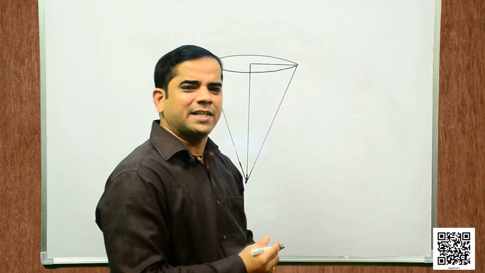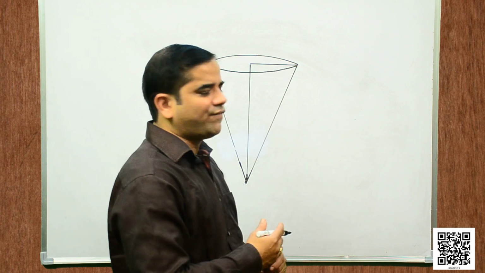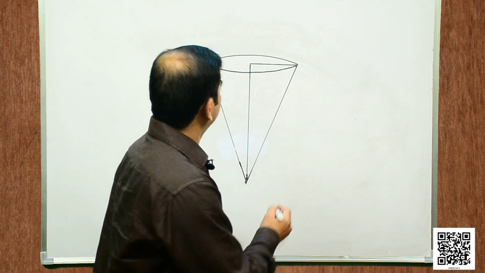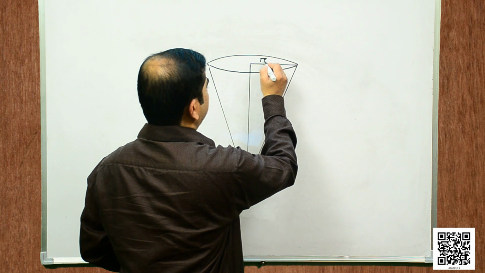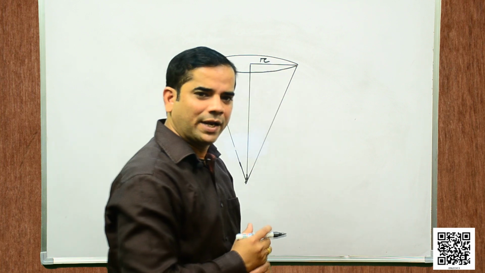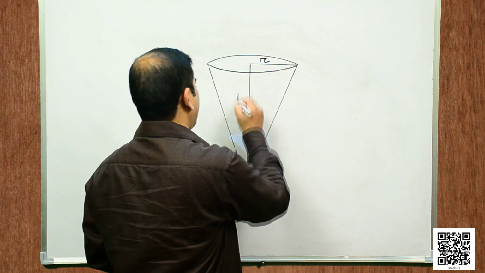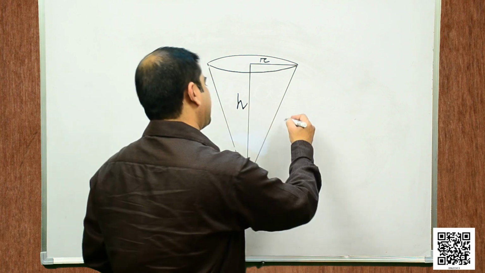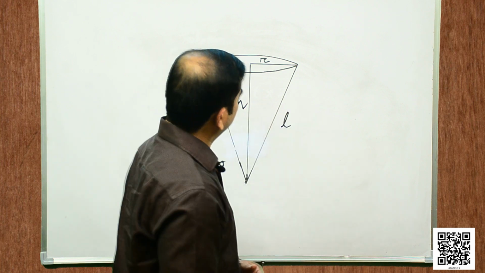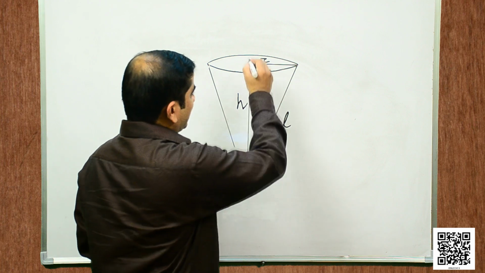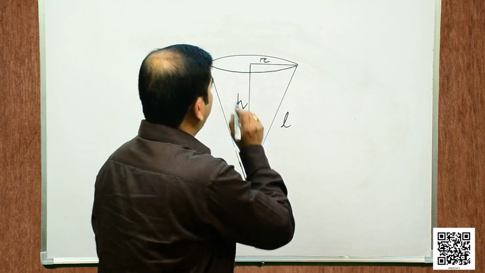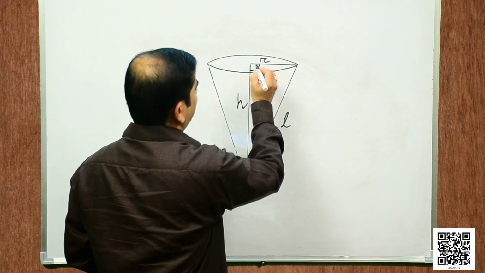Students, let us now see how we can find out L. So, this is the radius of the base, that is represented by r. And this is the height of the cone, and this is the slant height L. We know that the height is perpendicular to the base, that means this is 90 degrees.